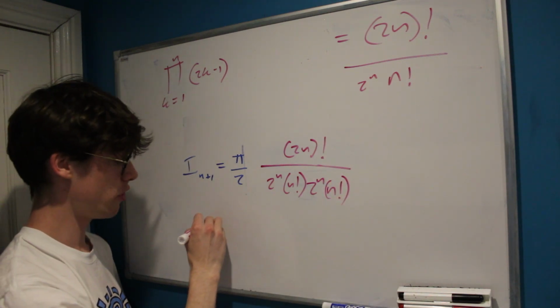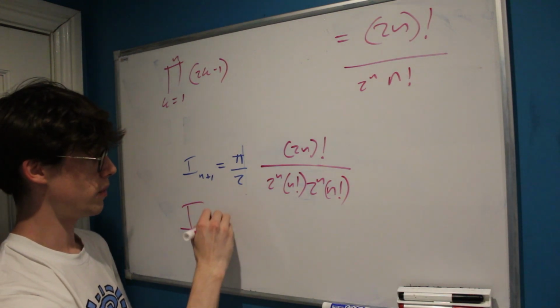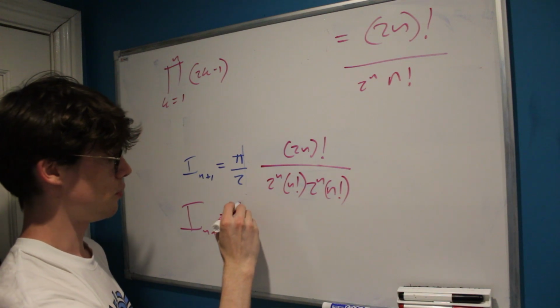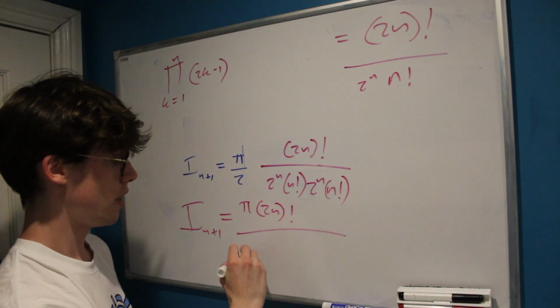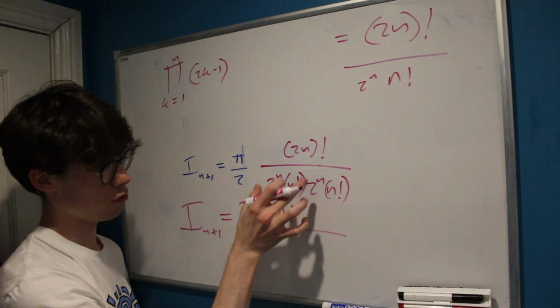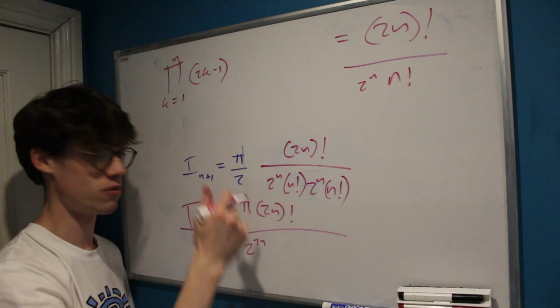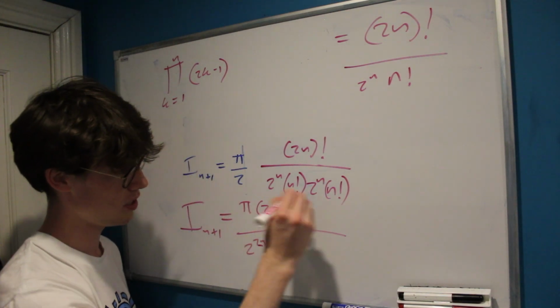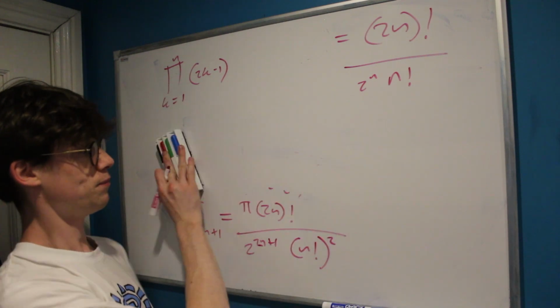And so there's just one final bit of tidying up we can do, and it tells us that I of n plus 1 is equal to pi times 2n factorial divided by 2 to the, well, we'll group our 2 to the n's into 2 to the 2n's, and of course we've actually got a pi over 2 here as well, so it's going to be 2n plus 1 multiplied by n factorial squared.